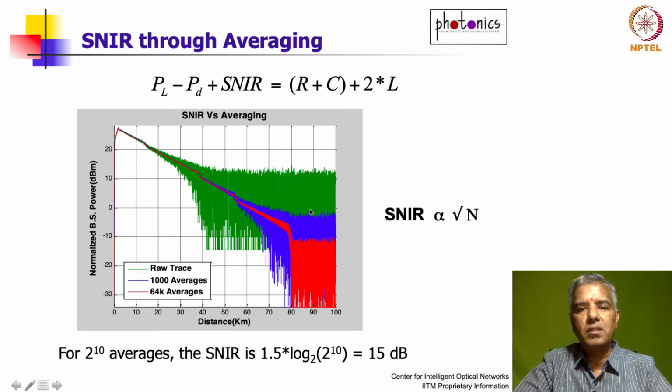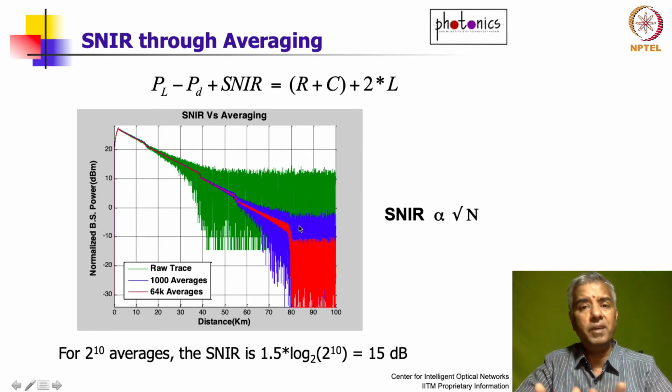So that's almost what you see over here, and correspondingly you are able to see more of this. You are able to see the backscatter signal up to maybe 60 to 70 kilometers. And then of course you can keep doing this. Now if I go to 64K averages, then I get even better signal to noise ratio improvement, and the noise floor goes even further down, and then I can see an even longer length of fiber.